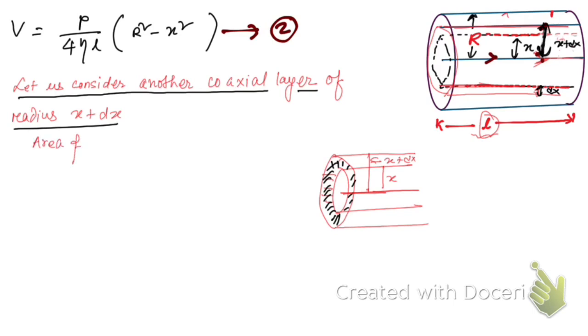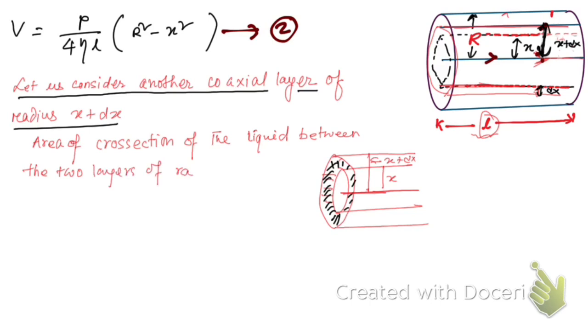So the area of cross section of the liquid between the two layers of radius x and x plus dx is given by a is equal to 2 pi x dx.